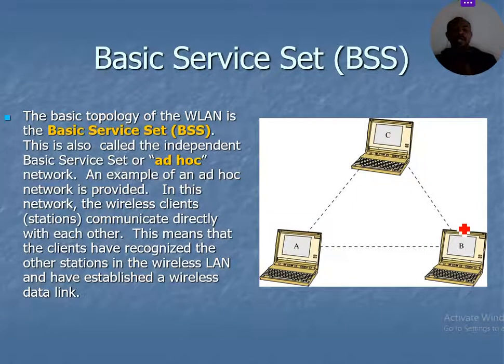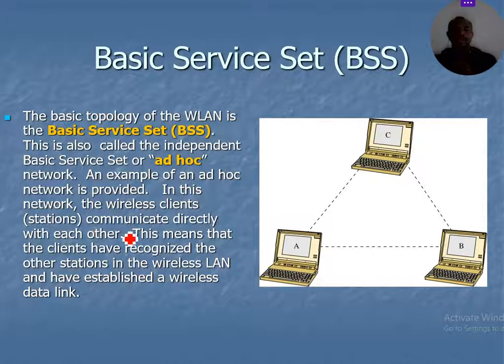Now let's take a look at the basic service set. The basic service set is a topology of wireless local area network. The basic service set, BSS, is also called the independent basic service set, which is called the ad hoc network.